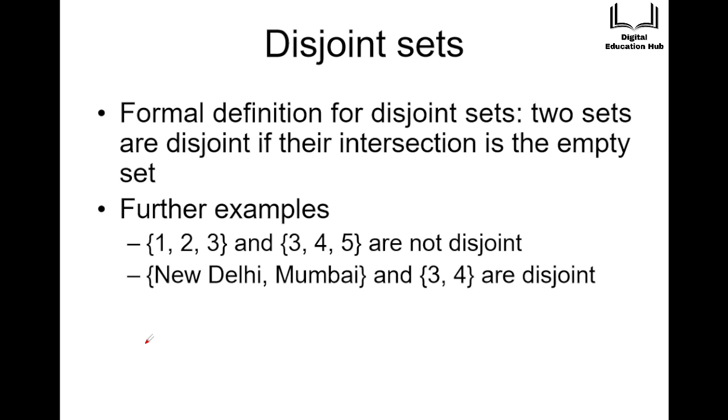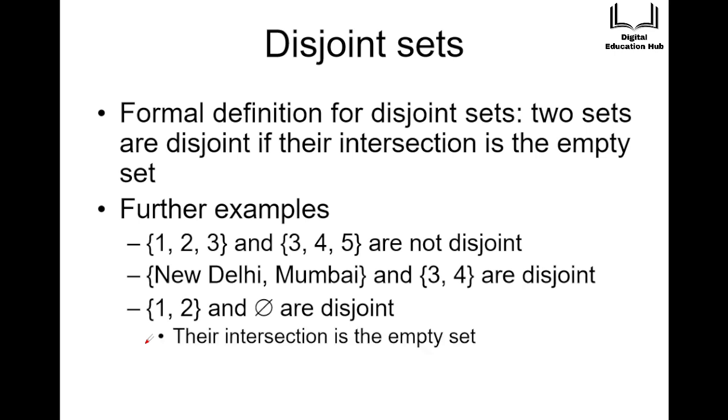In the third case, {1, 2} intersection with the null set. You have already seen that the intersection of the null set with any set results in a null set only. Since the intersection result is null, both the sets are disjoint.